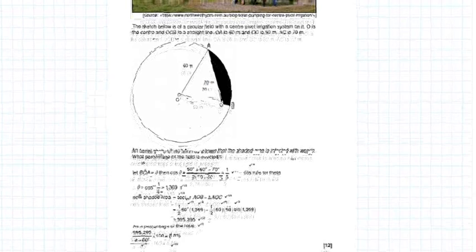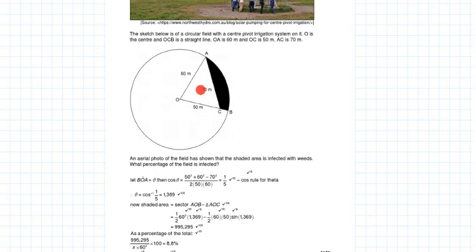And times 100%. So what is the shaded area? From the sector we will subtract the triangle area. So from the sector we have to get the angle at center, and then that's the cosine rule. Remember, you can say 70 squared is equal to 50 squared plus 60 squared minus 2 times 50 times 60 times cosine alpha.